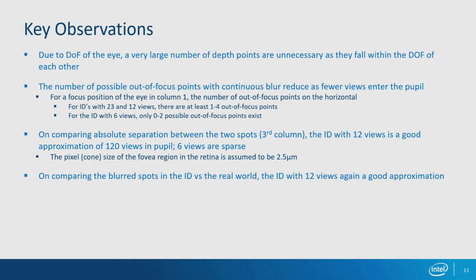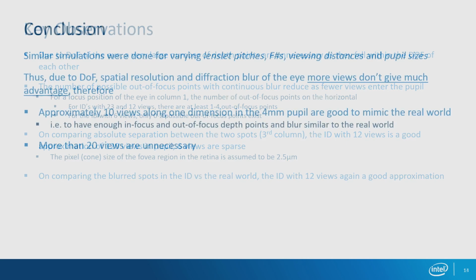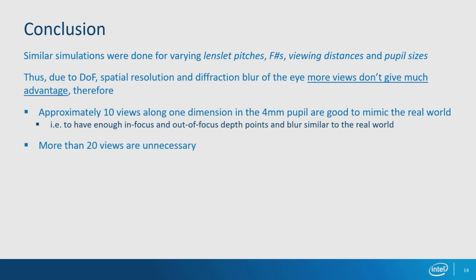So, out of all these observations, what I found is that by keeping the depth of field of the human eye in the picture, and by keeping the spatial resolution of the eye in the picture, roughly 12 views seem to be a good approximation for this integral display. So I ran this simulation for various parameters.